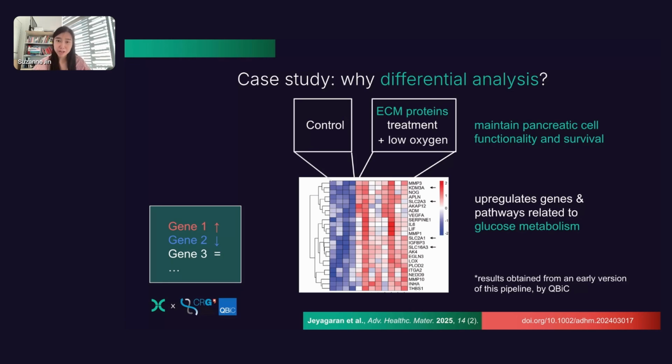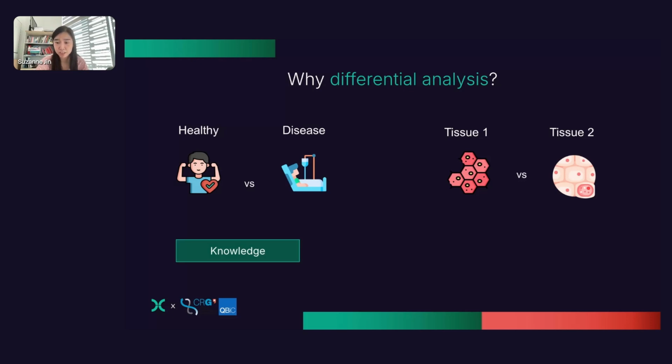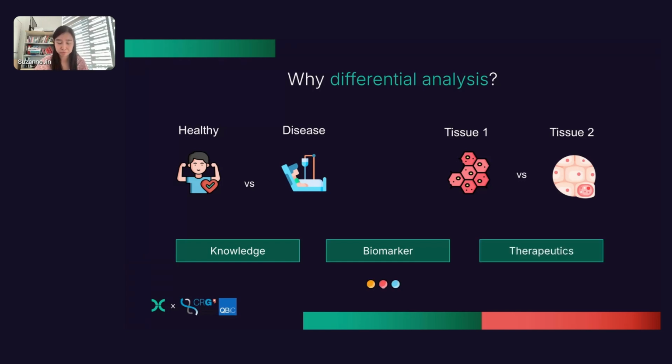Obviously, this is just one case study, but in general, you can ask what the differences are between any conditions, such as healthy versus disease, or one tissue versus another tissue. It can be applied for different purposes, not only generating knowledge, but also finding candidate genes that can be used for biomarker discovery or for therapeutics and so on.